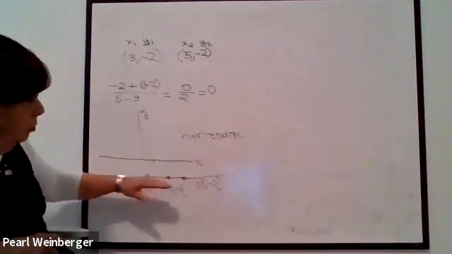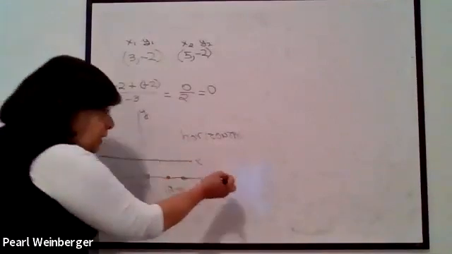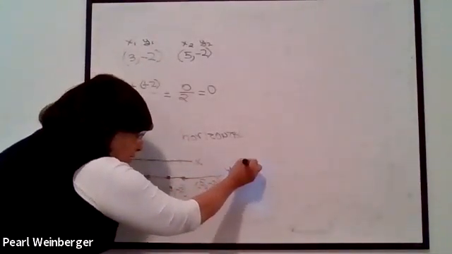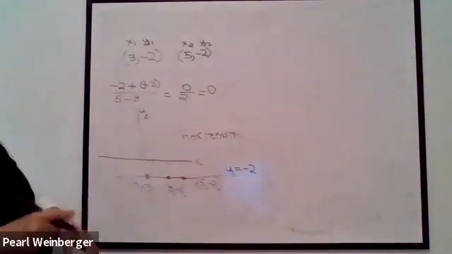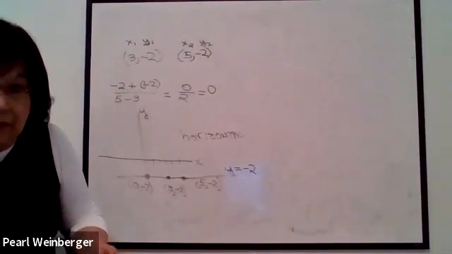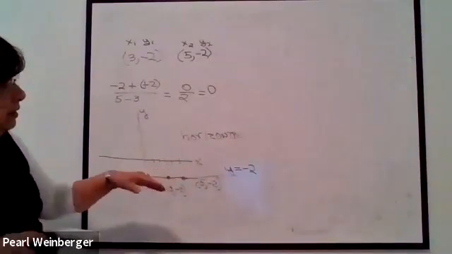In this case, they're all -2. Therefore, the equation of this line is y equals -2. When you have a horizontal line, it's not technically in the y equals mx plus b form. I mean, you could, it's technically not.